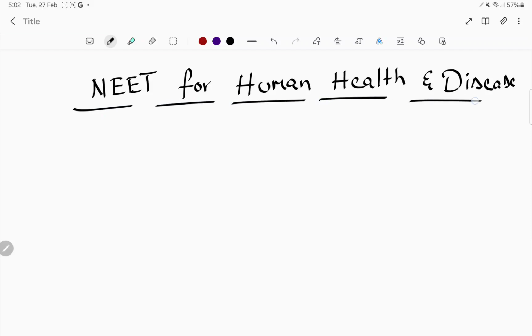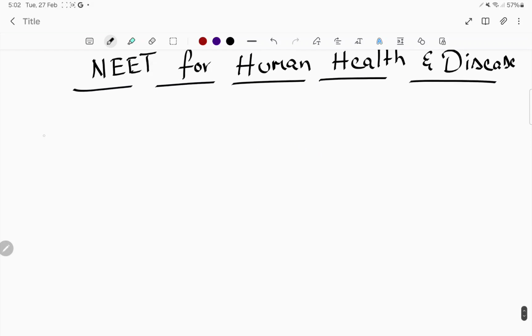Right? So let's see the role of the thymus. This is a very important question from the NEET point of view. So what is the role of the thymus?